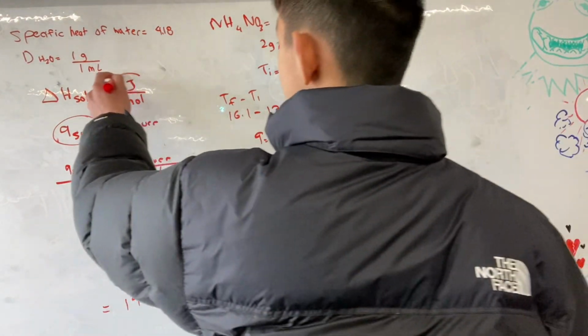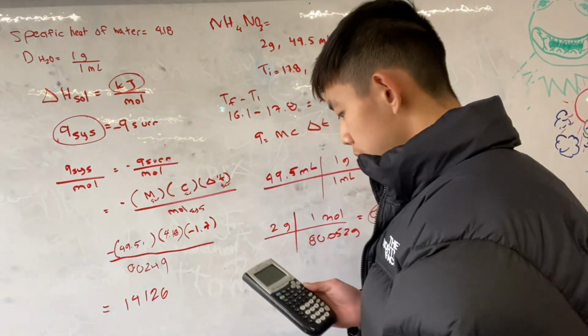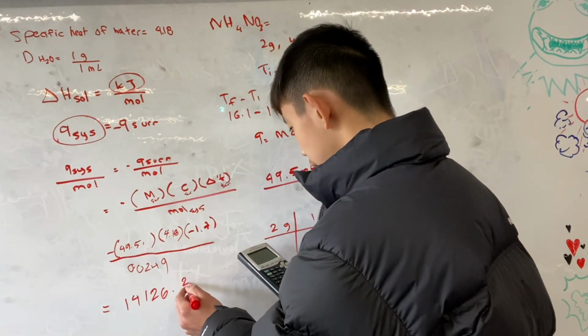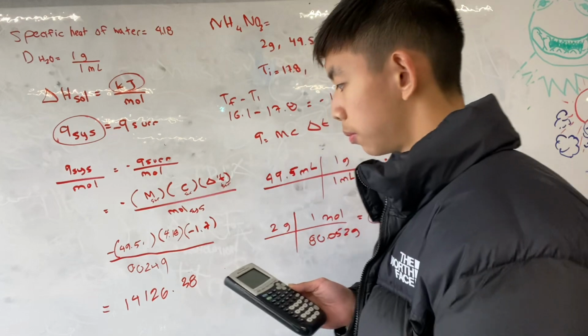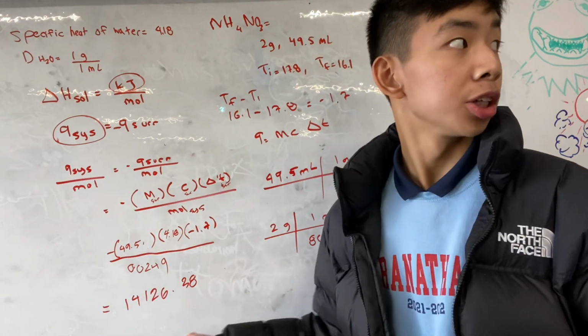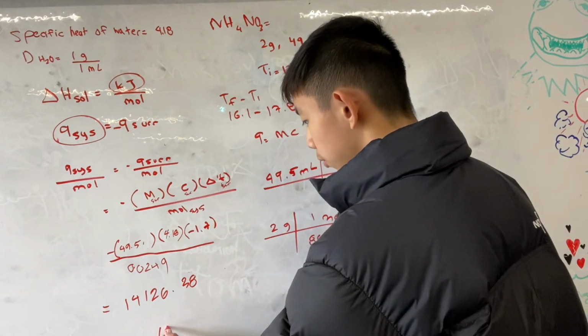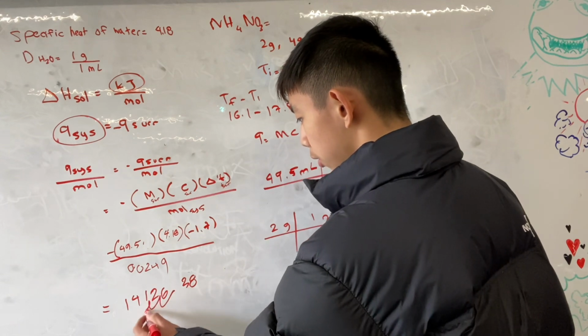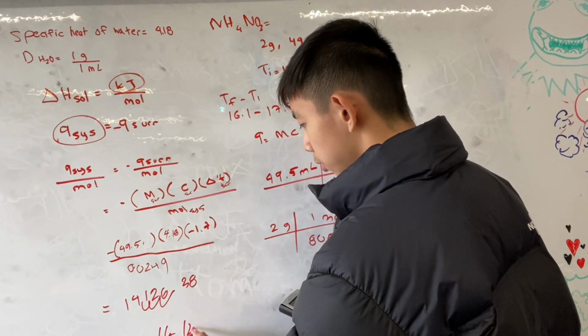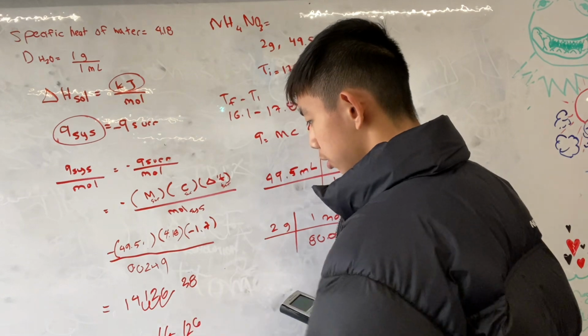For kilojoules, you just move it 3 decimals, so 14.126.